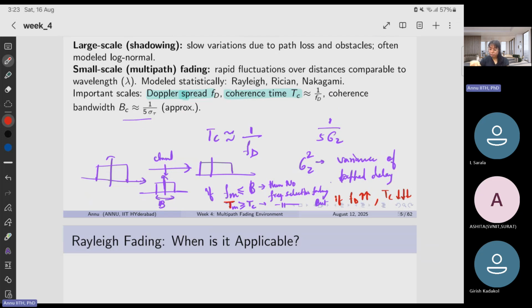That's why the Doppler spread significantly affects the fading. And why does the fading occur? It occurs because of the mobility of the users, one user and two users.